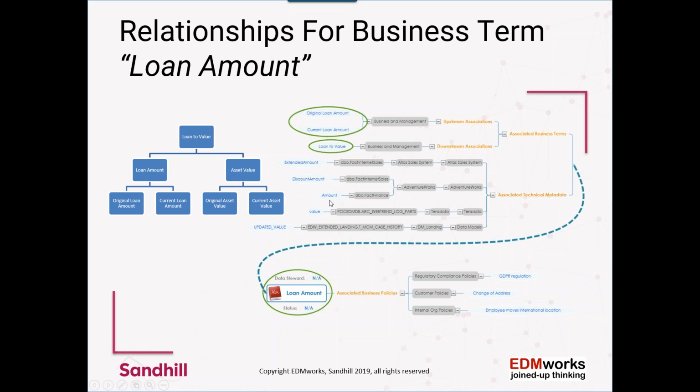That could be some sort of amount which has come from some system, or a valuation of the properties which is coming from another system. So we're understanding that the business term has its relationships to other technical data and other business terms, and we can graphically model and show that.